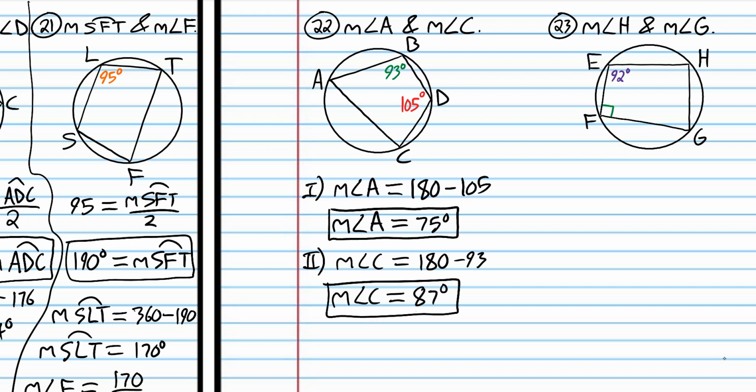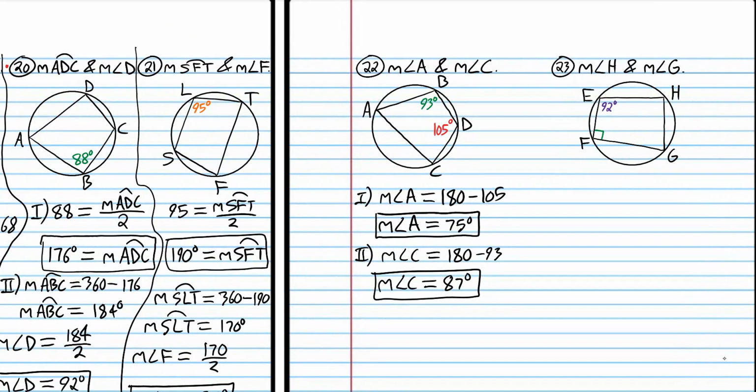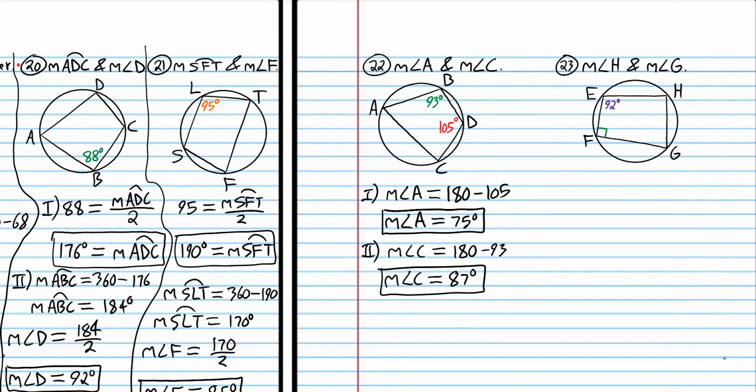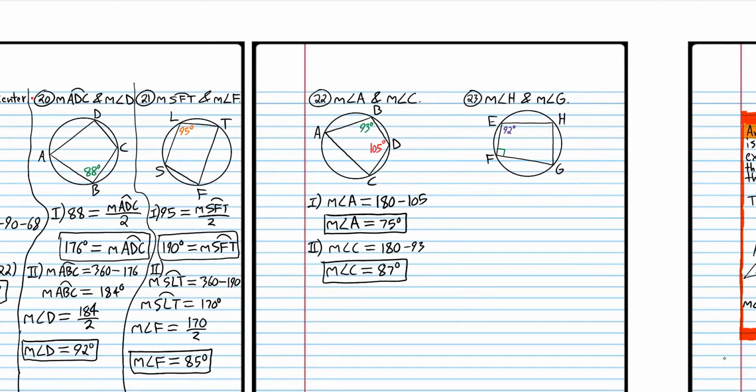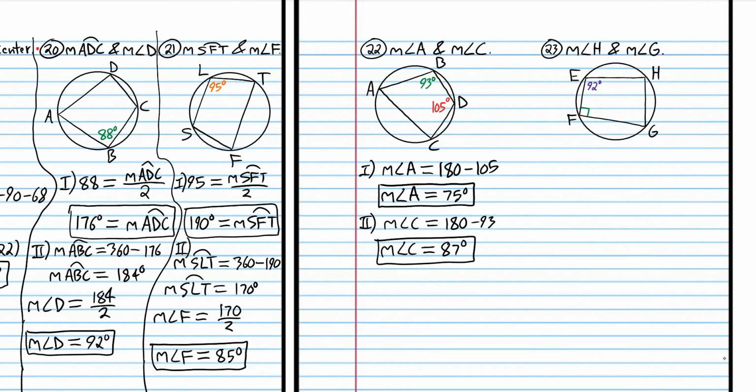And so there you go. As long as you can remember that if you have a quadrilateral inscribed in a circle, then the opposite angles are supplementary. So why don't you try number 23, and when you come back, we'll do it together.